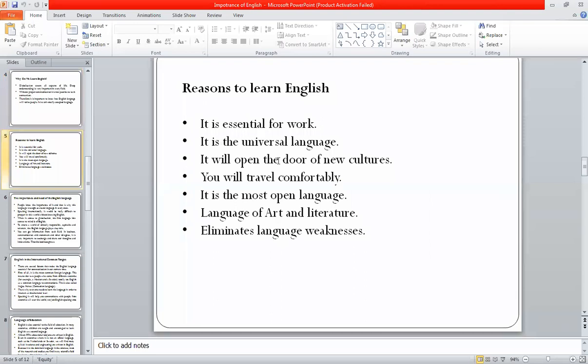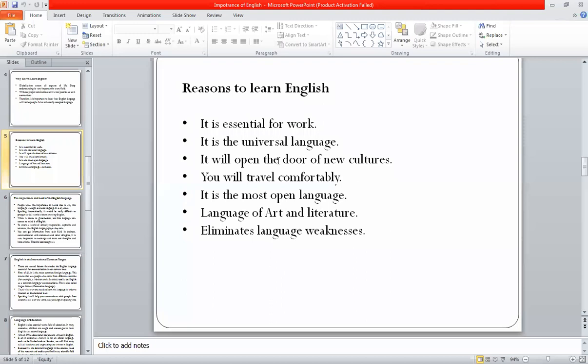We also discussed the reasons to learn this language. If you want to get a job in the IT sector, or in the construction sector, or the building infrastructure sector, in these industrial fields, it is necessary to speak this language.